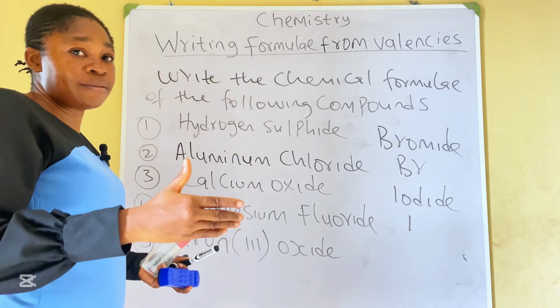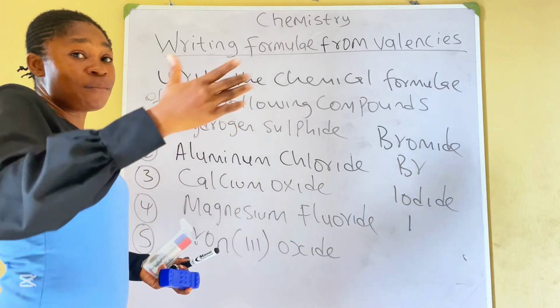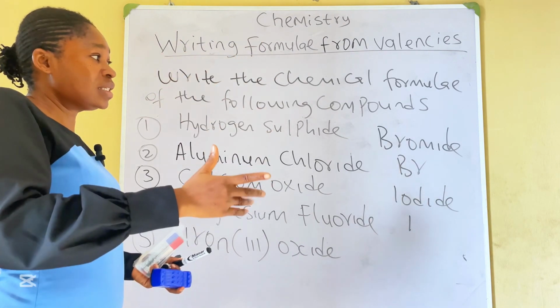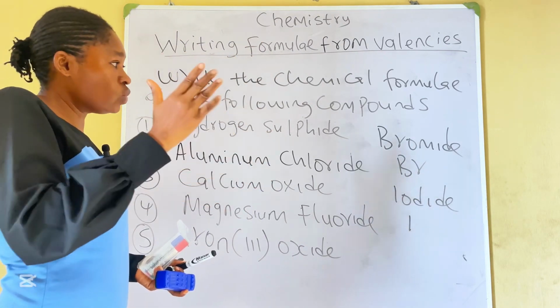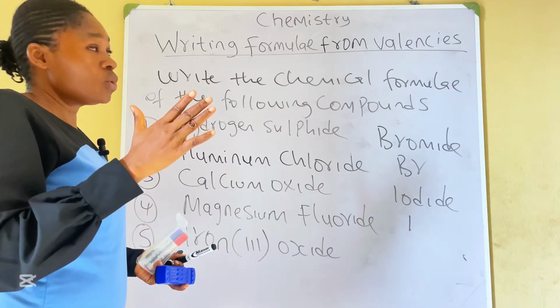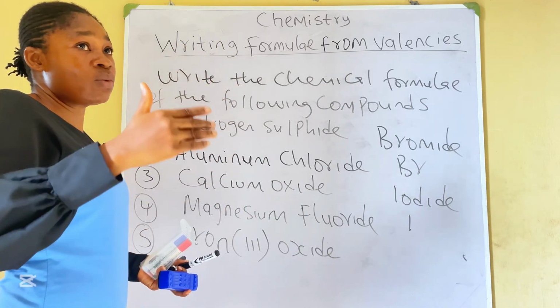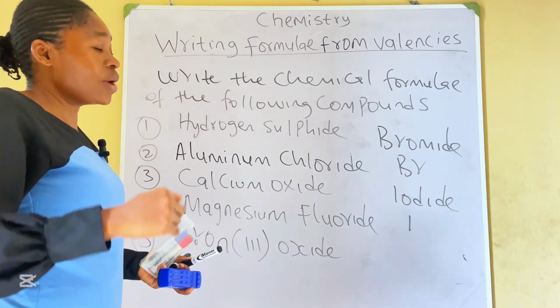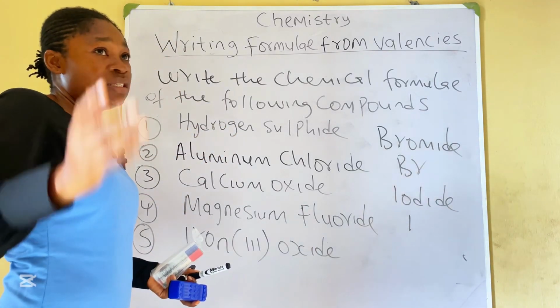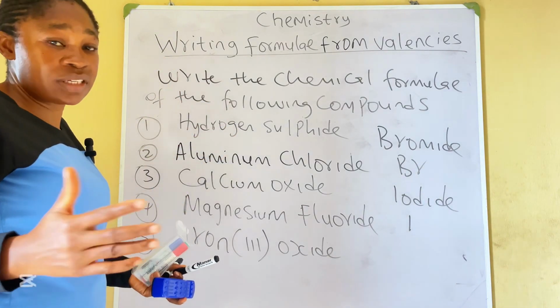Then group 5, 5 minus 8, so group 5 elements, their valency is 3. Group 6, the valency is 2. Group 7, their valency is 1. Then group 8, they have 0 valency. That's the noble gases, they are very stable.